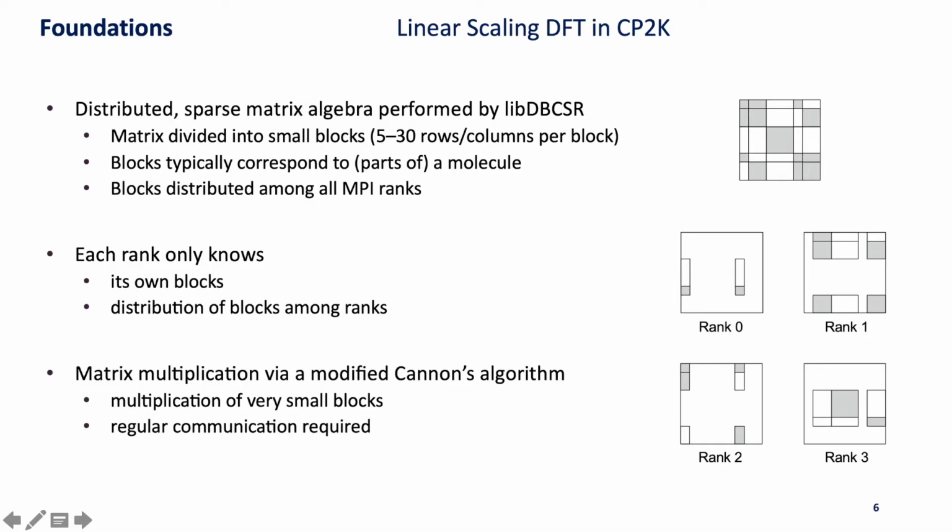And on top of that, each rank knows which other rank is responsible for which block. The multiplication itself is then performed using a modified Cannon algorithm. So what we actually have to do is multiply lots of these small blocks and do regular communication with our neighboring MPI ranks.